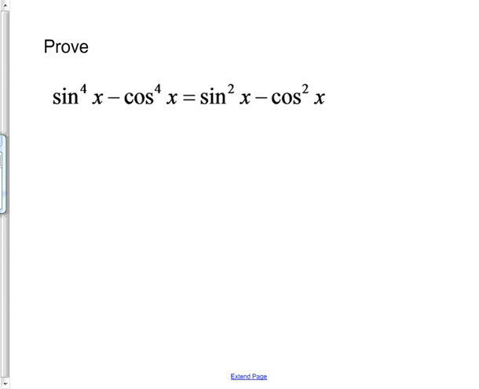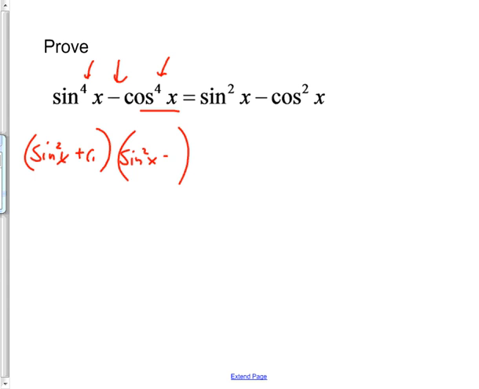All right. Want to do this one? Okay. So as soon as I see this minus and I see these are perfect squared kind of numbers, I'm thinking that I can have a difference of squares. So I can factor this. Sine squared x, sine squared x, a plus and a minus, and the square root of this is what? Cosine squared x, cosine squared x.